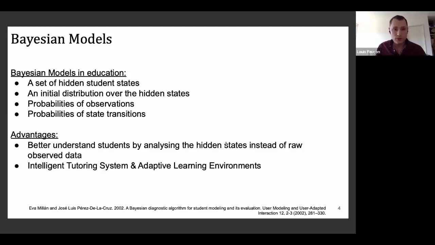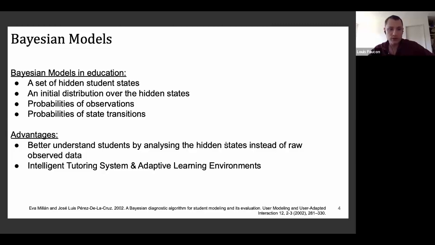And a useful concept for this intelligent tutoring system is Bayesian models of students. The way Bayesian models work is they consider a set of hidden states in which the students can be. One of the most famous Bayesian models is Bayesian knowledge tracing, and in the case of Bayesian knowledge tracing, the hidden states are whether students master or not any specific skill.